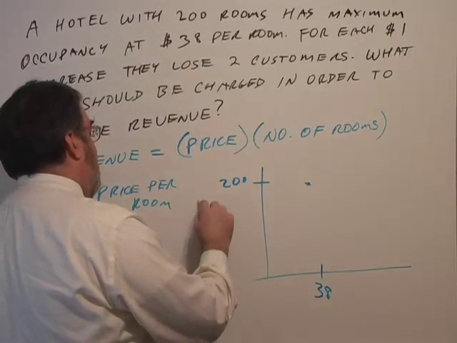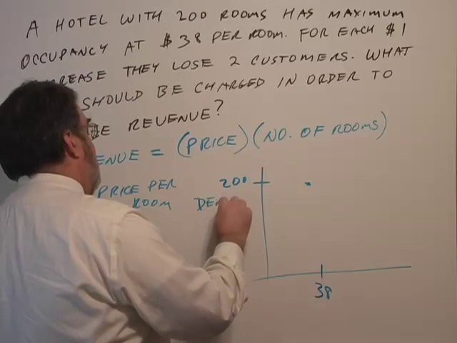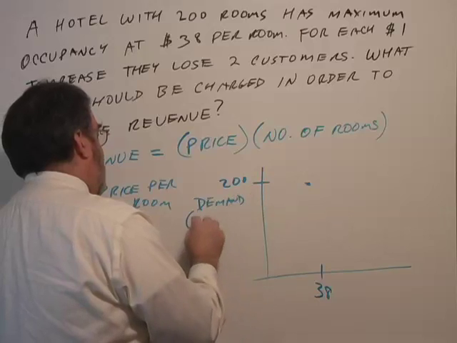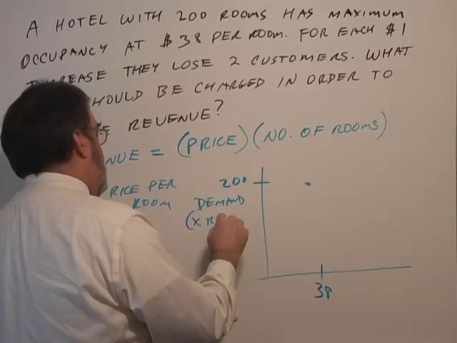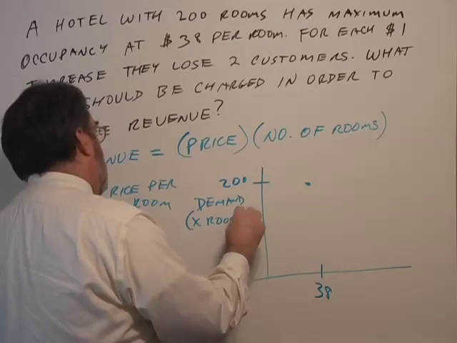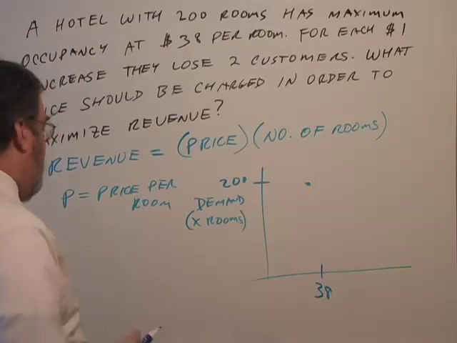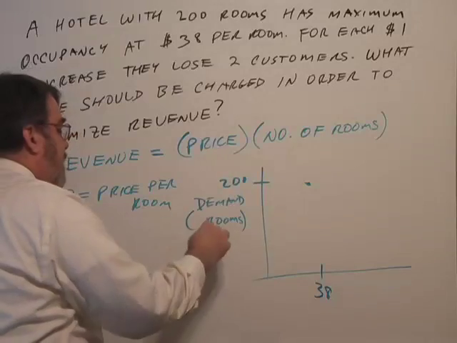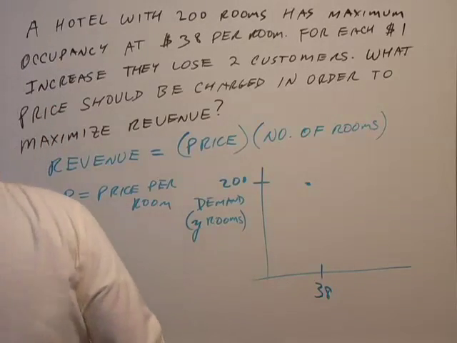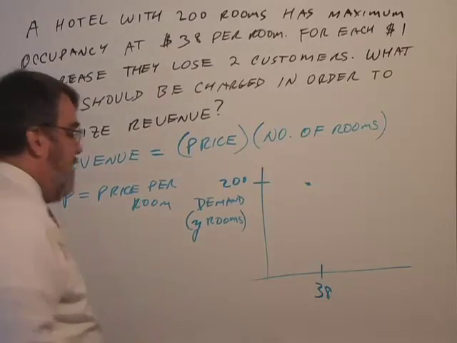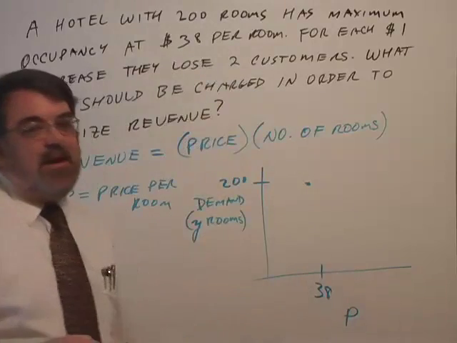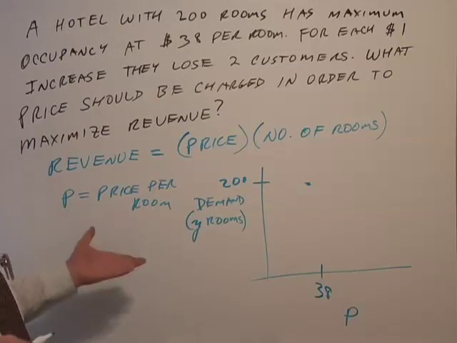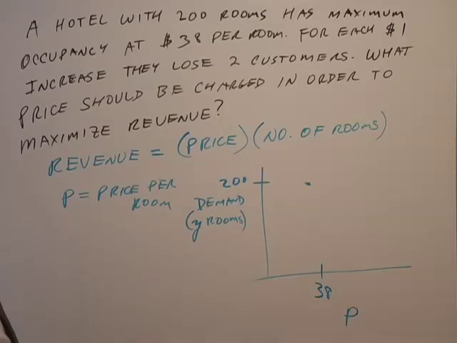So here's the demand, which is the number of rooms. Should I call that X, or maybe Y? Let me call it Y, because we're used to having Y on the vertical axis. And P will be the price axis. Yeah, we could say X is price, but I'm going to let P be price.